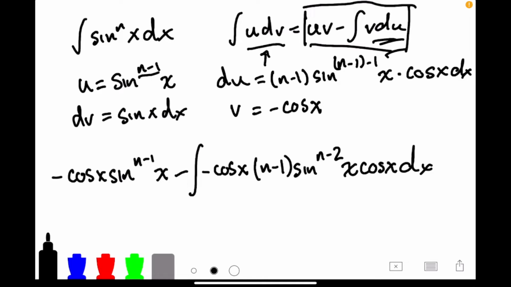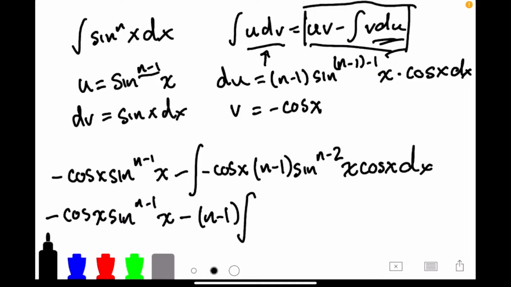Okay, so basically cosine x sine to the n minus 1 of x minus n minus 1 integral.